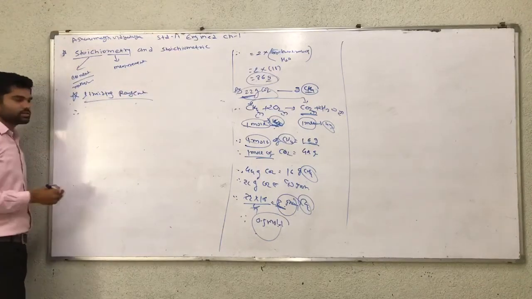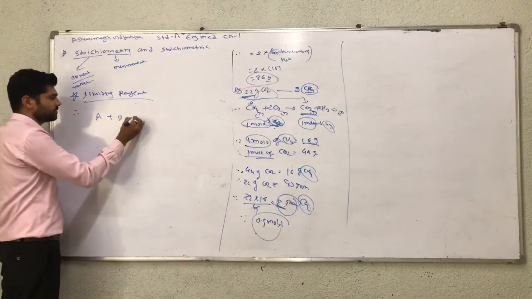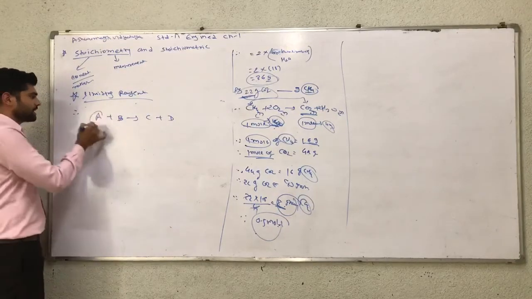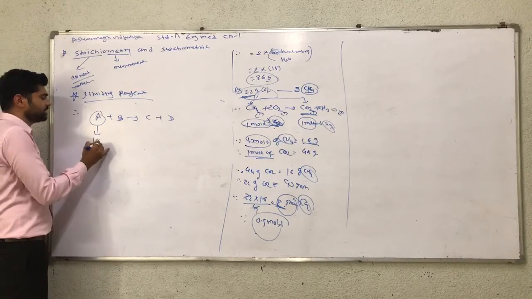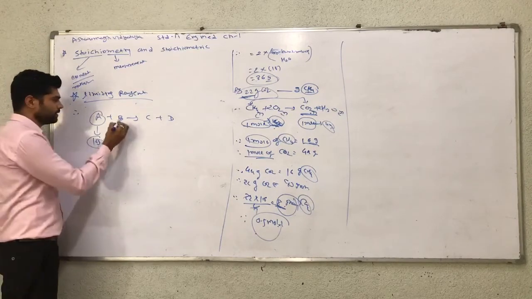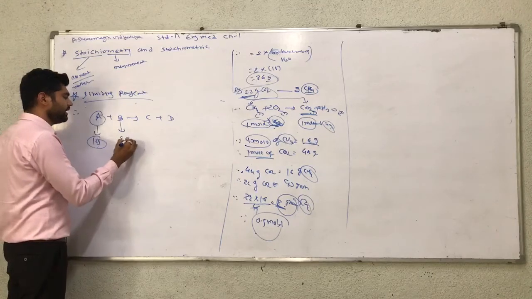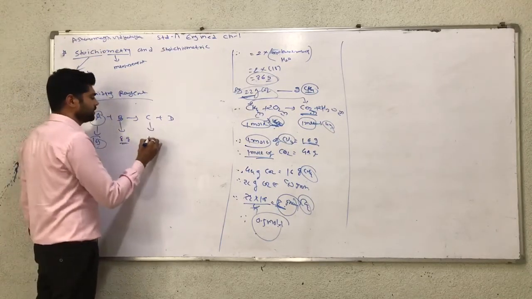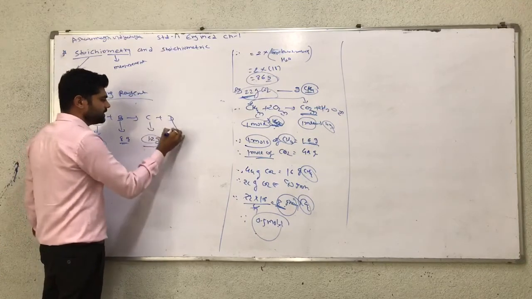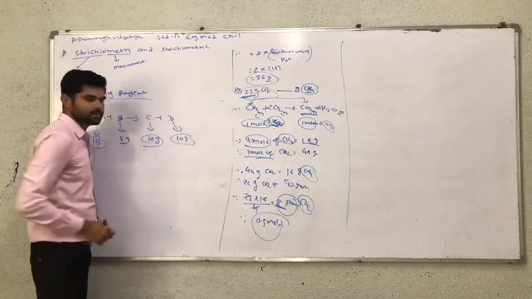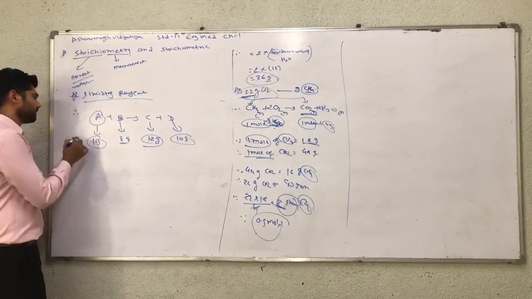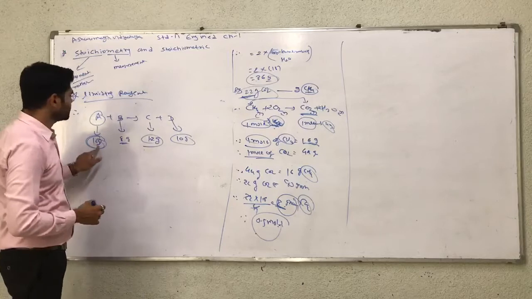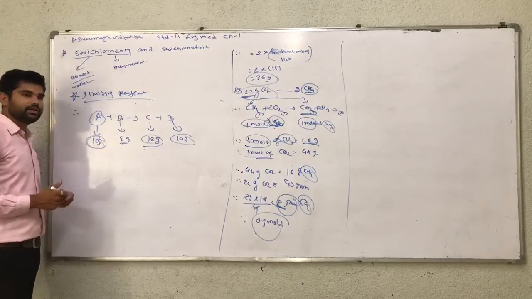Understand limiting reagent. Suppose A plus B produce C plus D. For example, here 16 grams of A is required. In a similar way, suppose 8 grams of substance B is required and produces 12 grams of substance C and 10 grams of substance D. So here A is a compulsory requirement of 16 grams and B is a compulsory requirement of 8 grams.